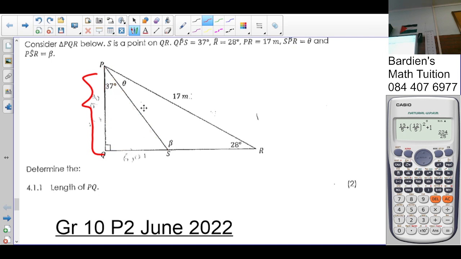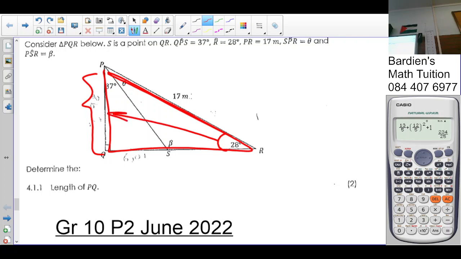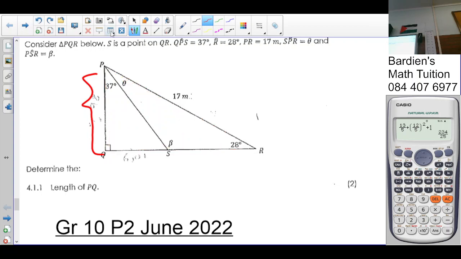However, in the big triangle, I have an angle of 28 and I have the hypotenuse. So which trigonometric function uses opposite and hypotenuse? Sine. So sine 28 degrees equals opposite, which is PQ, over hypotenuse, which is 17. Cross multiply, so PQ is equal to 17 sine 28.